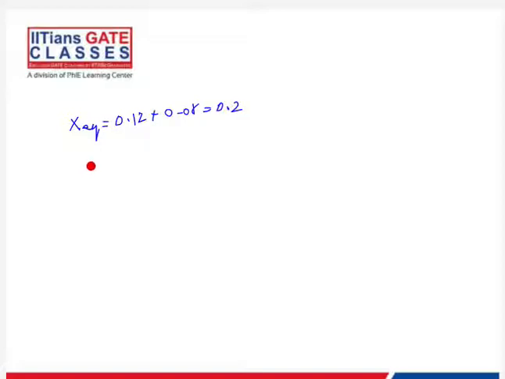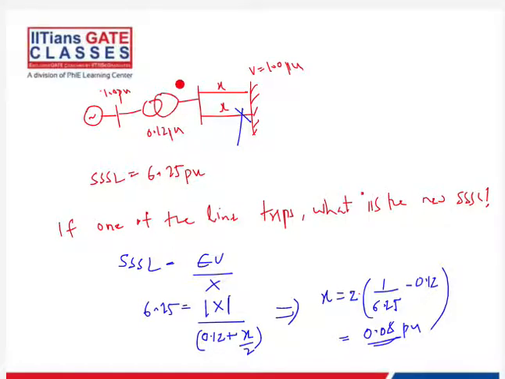So the SSL would be 1 into 1 divided by 0.2. Basically, it is a simple network question where they are asking you to find the equivalent reactance. They are saying that first there are two lines. So basically, this is what the question is at the end of the day.